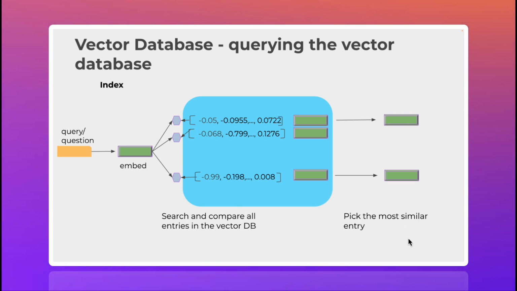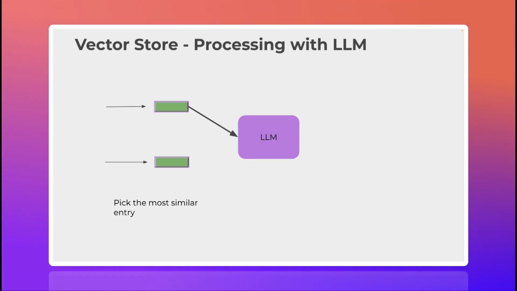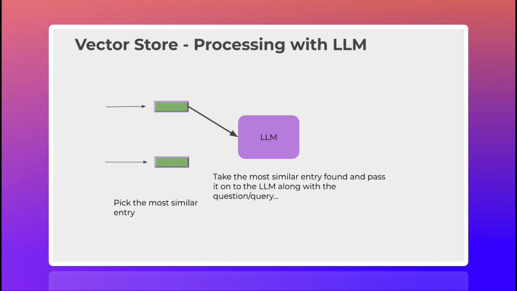This is where we have stopped and gotten the result so far. We want to take this result, the similarities, these embeddings that are similar results, right? We're going to pick those, and then we're going to pass them through a large language model. So it's going to take the most similar entry found and pass it onto the large language model.